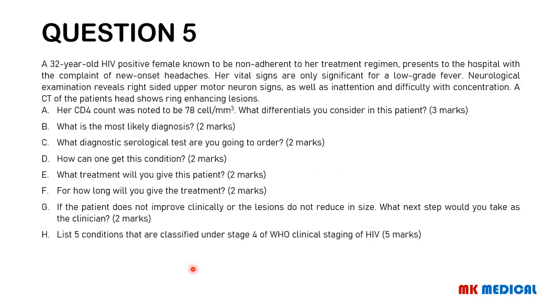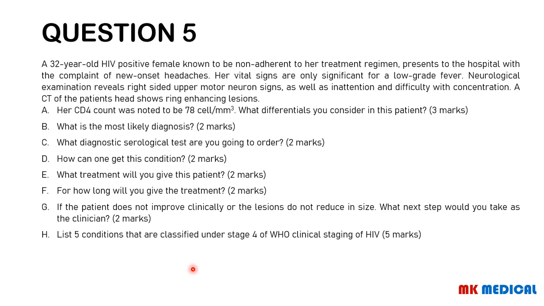Now the last and final question. I saved this one for the last because, funny enough, this is actually the first question I ever did on the series, but it's an extended version of the question. They have added some questions to it. So here it goes. A 32-year-old HIV positive female known to be non-adherent to her treatment regimen presents to the hospital with the complaint of new onset headaches.